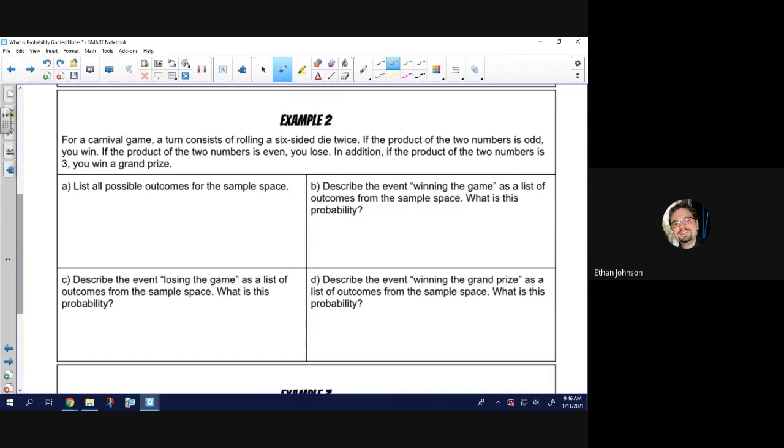So, if the first die roll is a 1, the second one could also be a 1. Roll 1 and a 2, 1 and a 3, 1 and a 4, 1 and a 5, and 1 and a 6.